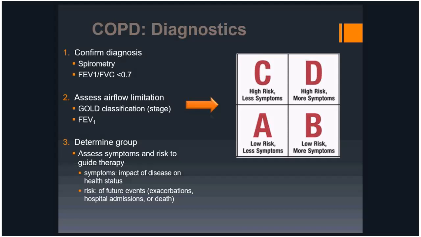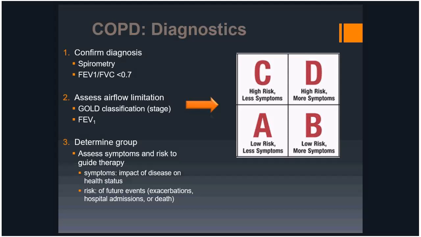And that is going to be based on their FEV1. Then you're going to determine their group. In order to determine their group, you're going to assess their symptoms and risk, and that is going to help you determine how to start their therapy. Symptoms will be determined based on the impact of their disease on their health issues, and risk looks at their risk of future events as far as their exacerbations, hospital admissions, or risk of death.